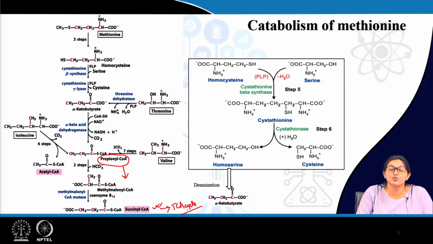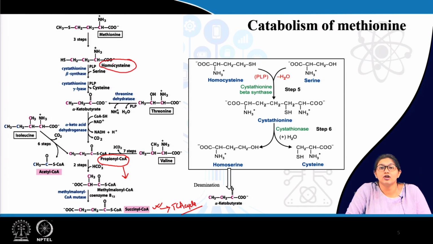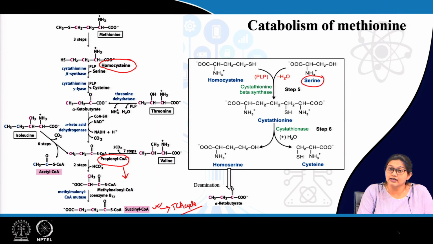Now, how is this propionyl coenzyme A formed? So, from methionine we have seen there is formation of homocysteine. Now, homocysteine forms homoserine and cysteine via reacting with serine, another amino acid. So, here you can see homocysteine and serine react to form cystathionine with the help of the enzyme cystathionine beta synthase.